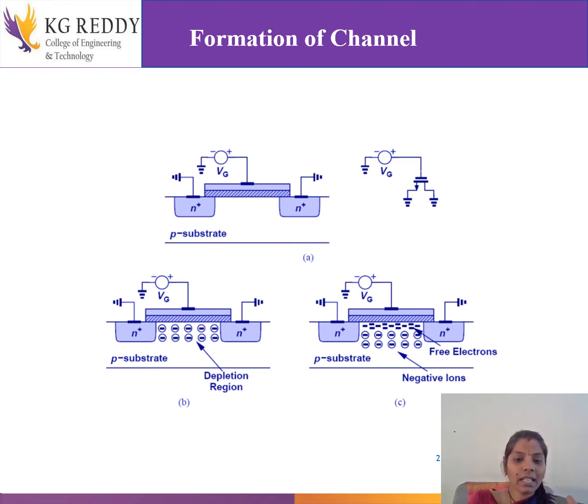It created a channel, so the electrons start moving and the current flows from drain to source. This is why the device is said to be in the inversion mode of operation.